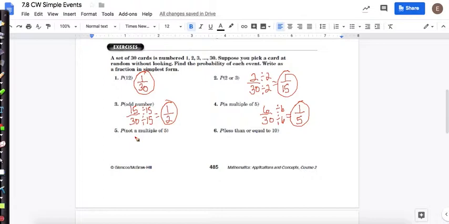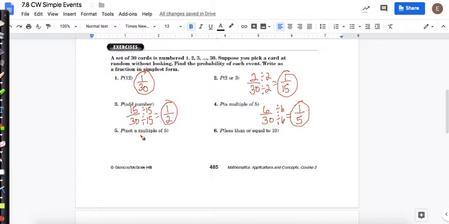Number 5 says, what's the probability of not a multiple of 5? Well, I know that there are 6 multiples of 5 from the previous example. So if there are 30 cards, I can do 30 minus 6 to get how many are not. Because if there are 6 that are, then every other card is not a multiple of 5.